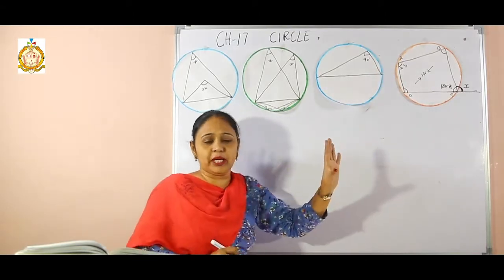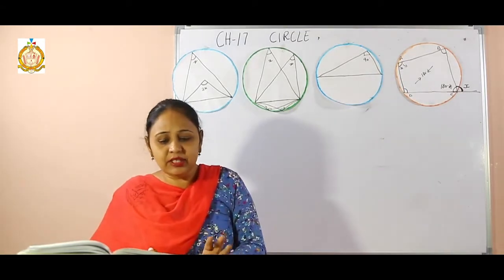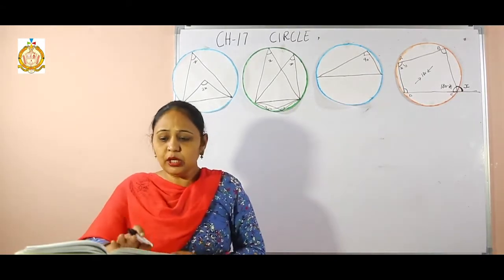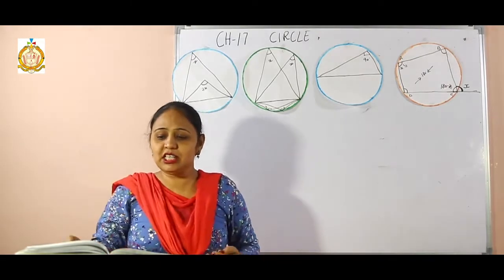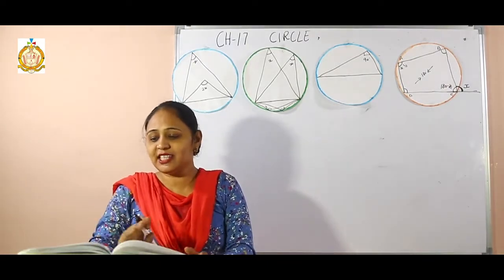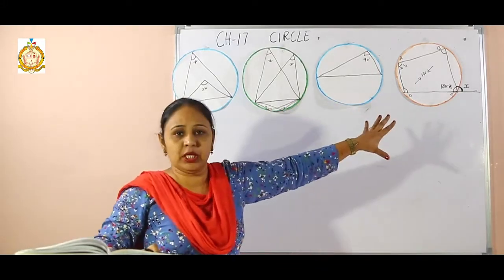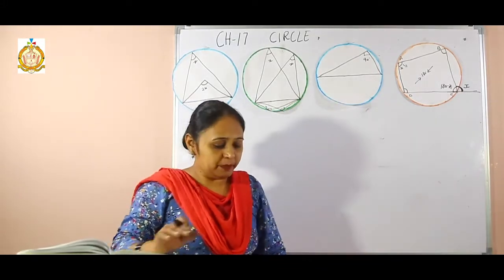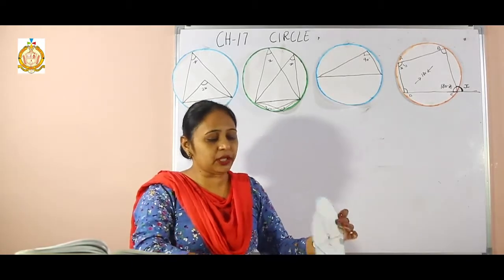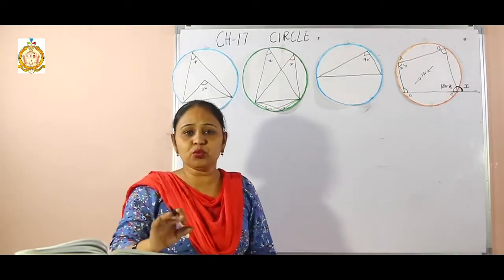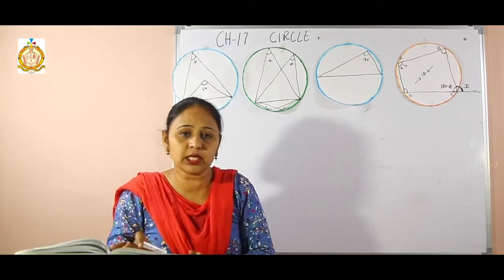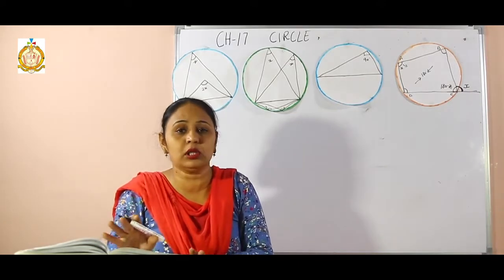These only 5 properties are related to this exercise, 17A. Now you can see in 17A, if we count, the sums are 61. But if we learn these 5 properties and the two others, the perpendicular chord and the equal chords, that means we are able to solve all the sums.